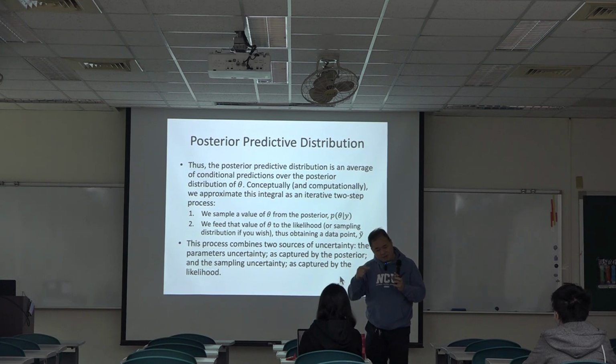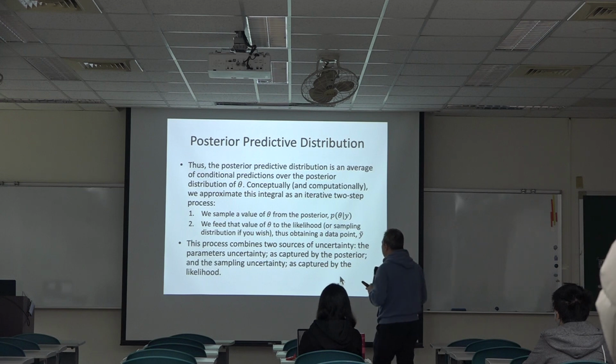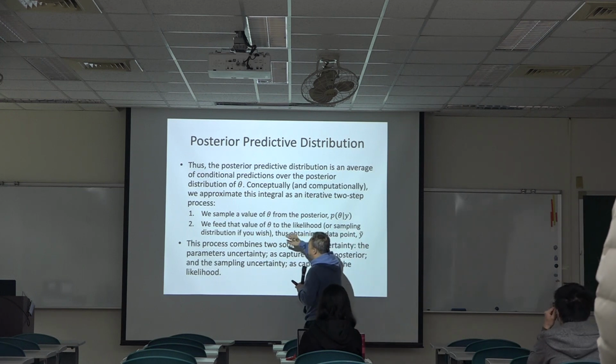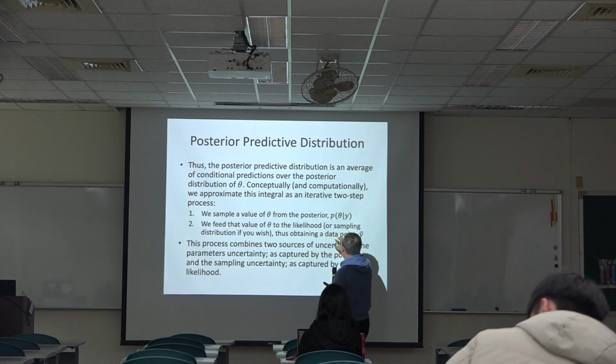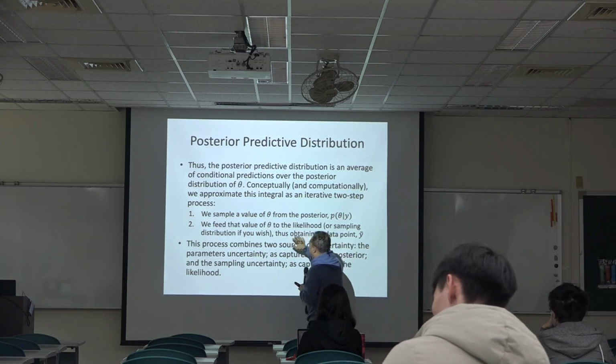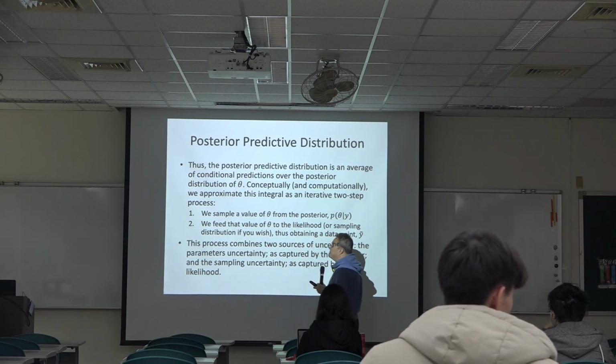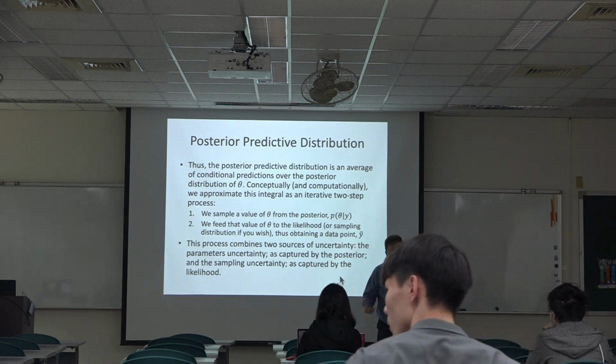Given the model parameter, you can sample the data from the likelihood. We feed the value of theta to the likelihood, and then we obtain a data point. Again, this is through the sampling process.